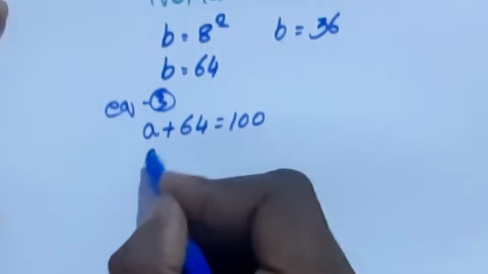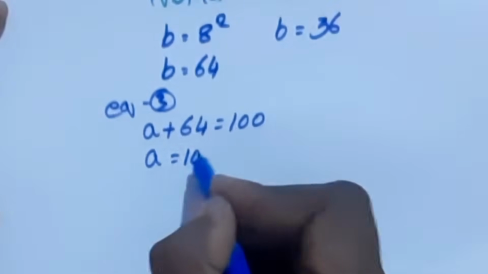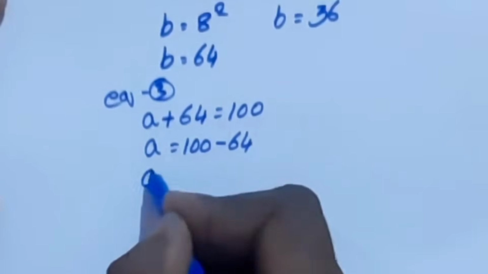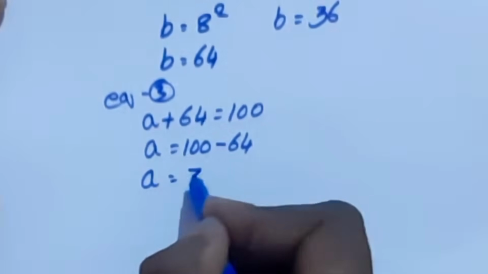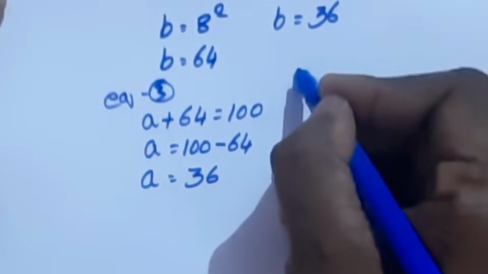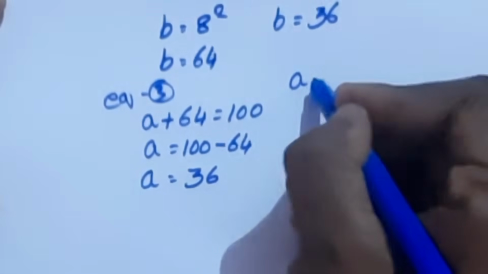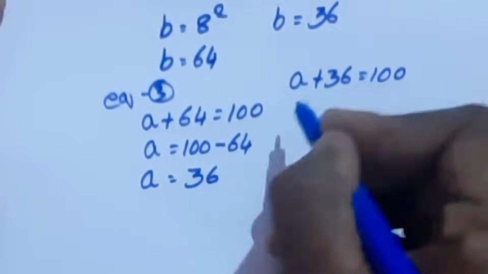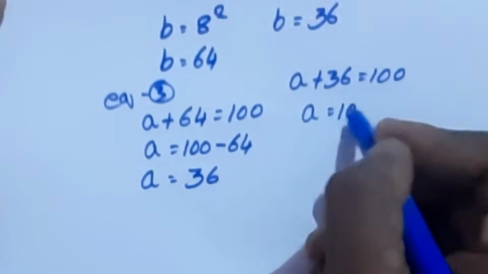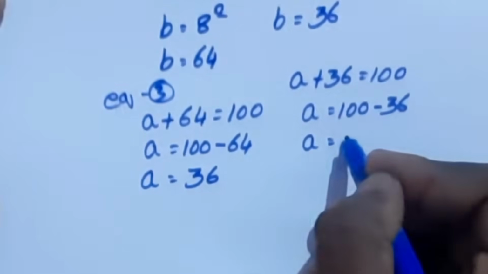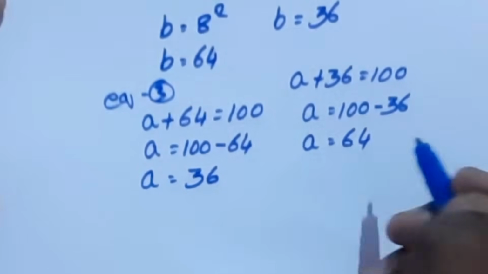In the same way, a equal to 100 minus 64. So a equal to 36. Here a plus 36 equal to 100. a equal to 100 minus 36. So a equal to 64.